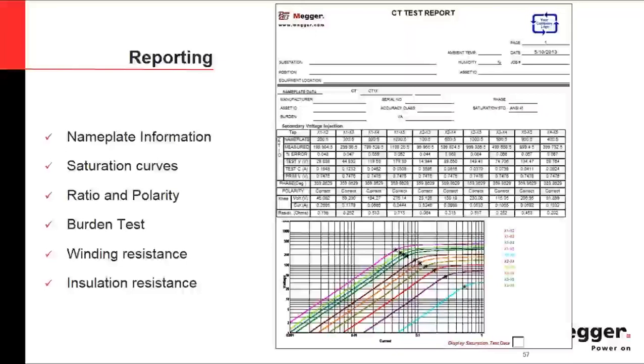And the test set will configure itself to be able to test the unit according to that specific standard, either ANSI or IEC. So you have the nameplate information, then you have your saturation curves, you have your ratio and the polarity, you have your burden test values, those measured and those that are calculated or estimated based on percentages. And then you have your winding resistance and your insulation resistance. All this information should be in your report.